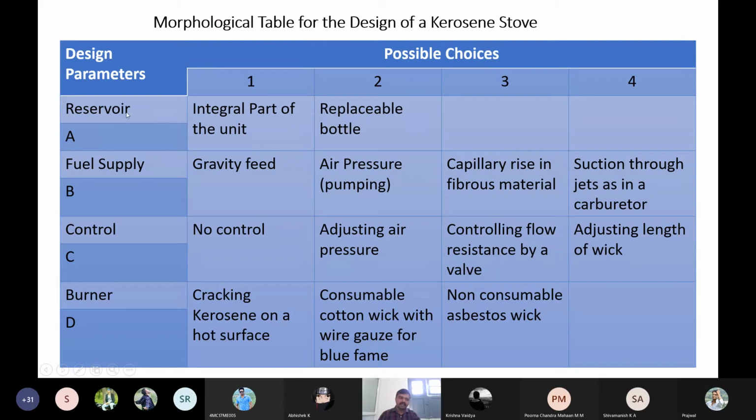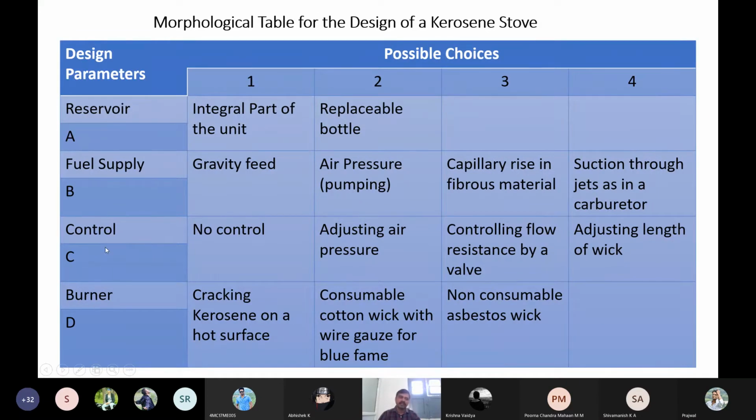It is broken down into how many sub-problems? 4: reservoir, fuel supply, control, and burner. In order to get a stove which you can use for cooking, you have to solve all the 4 sub-problems. That means the stove should have a reservoir, and fuel must be supplied from the reservoir to the burner. And again you have to control the fuel supply.